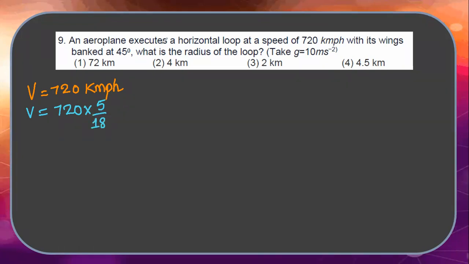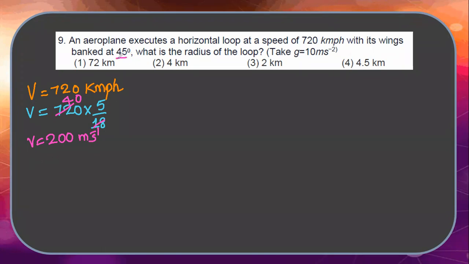Then 18 will get cancelled in 72. How many times? 4 times. And 0 is there, 40. So 18 cancels 72, 40 times. 40 into 5 will be 200. 200 meters per second. Velocity V is equal to 200 meters per second.